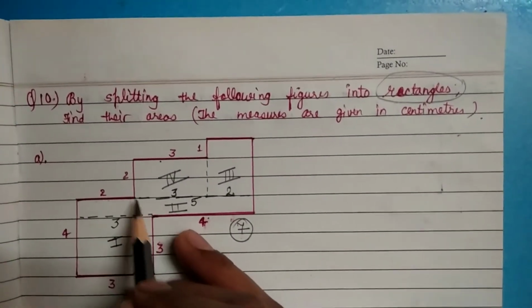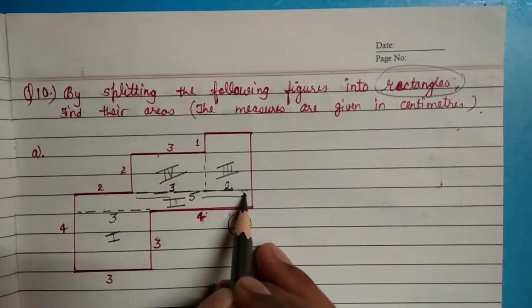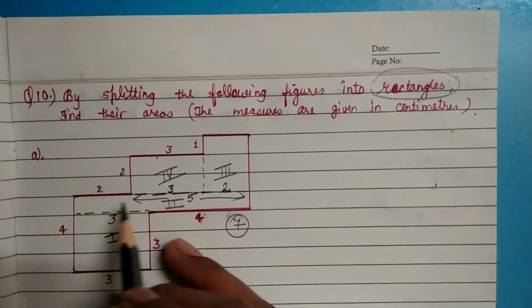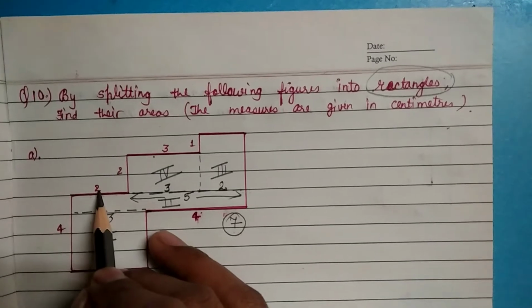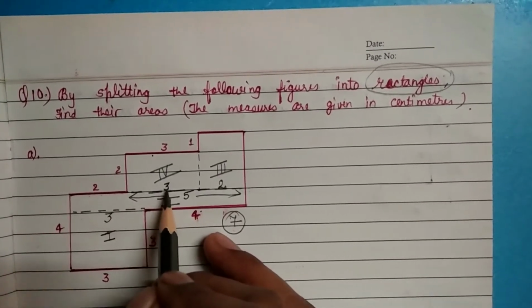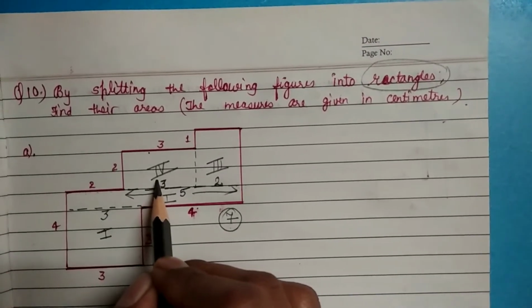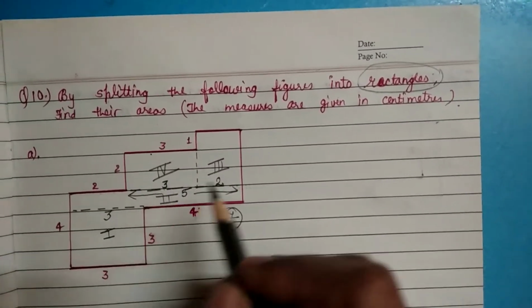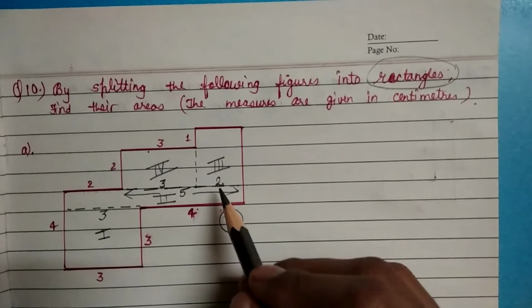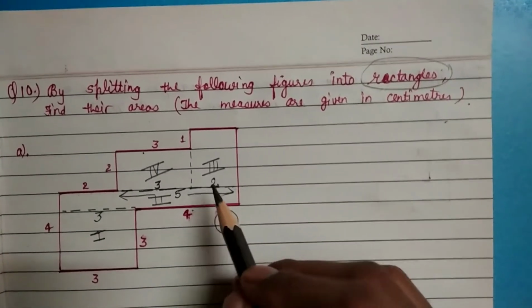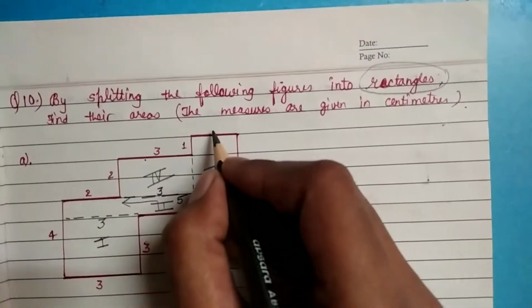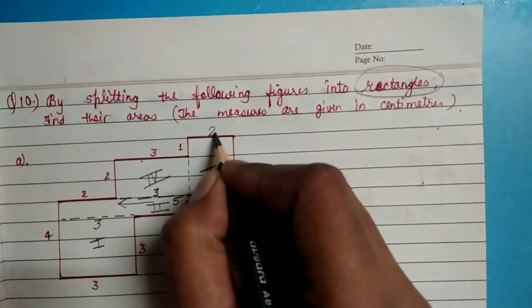In the fourth rectangle, we have 3 centimeter, but in the third rectangle we have 2 centimeter. This 2 centimeter is equal to the opposite of this, so here we have 2.